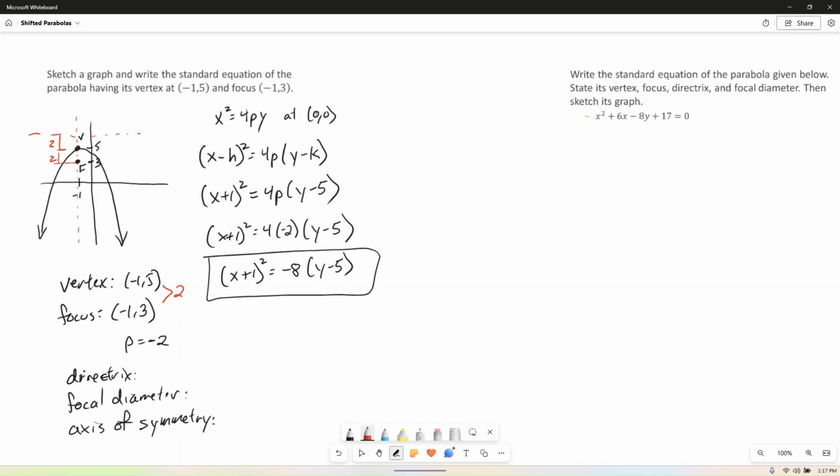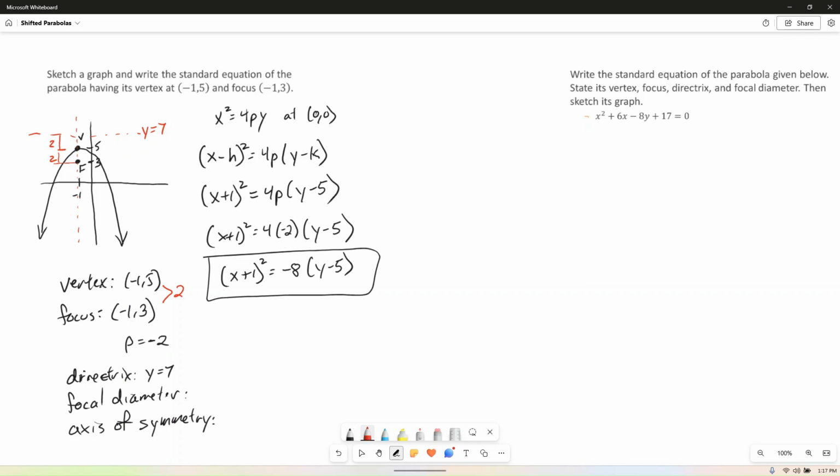So if the focus is at (-1, 3) and the vertex is at (-1, 5), that means the directrix has to be the horizontal line at 7. So the directrix is going to be the horizontal line y equals 7. Okay, because it's 2 units above the vertex, and the focus is 2 units below the vertex.